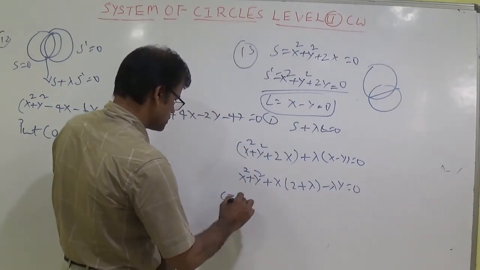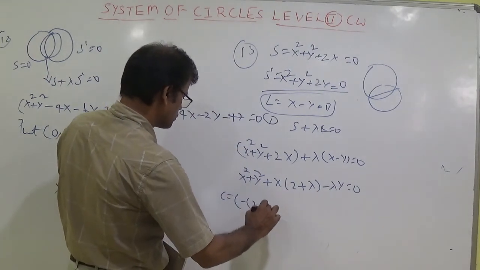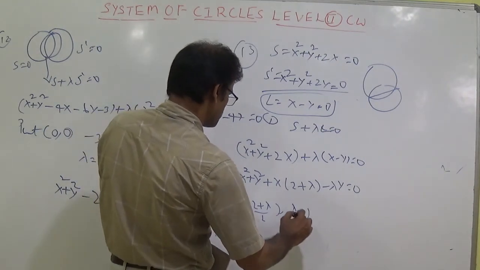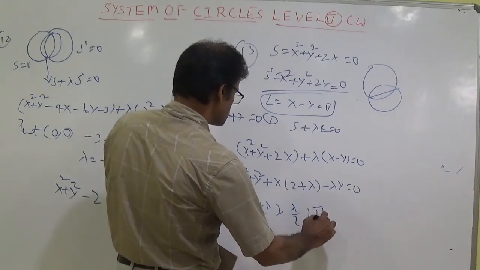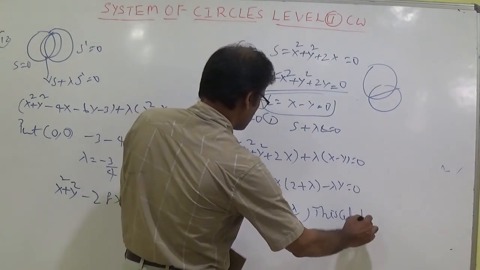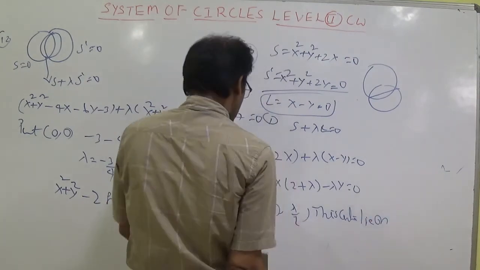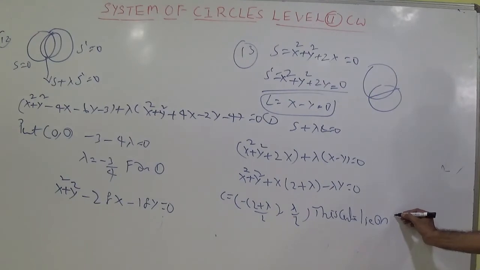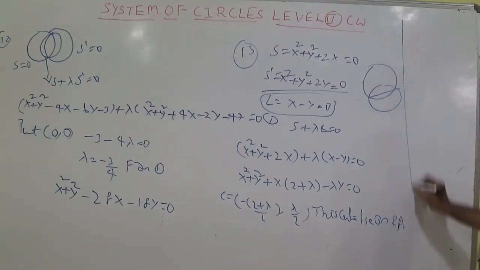So the center is minus of 2 plus lambda by 2 comma lambda by 2. Because he is asking about the radical axis being the diameter, the center lies on RA. RA means radical axis.